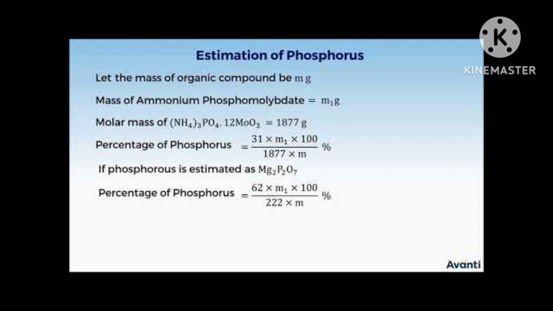Then the Z value is 32 into M1 divided by 233. Hence after putting the values, you will get 32 into 0.4813 into 100, and down you will get 233 into 0.157. 0.157 is the mass of organic compound; it will always be down only.